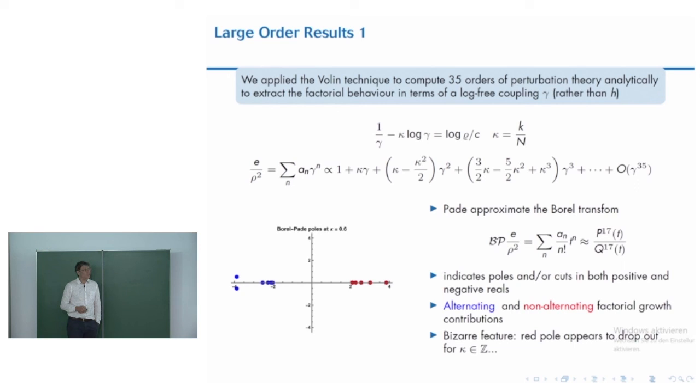But then we approximate this, and this is just black magic, I have no idea why this works, by the ratio of two polynomials. If you expand this out, you ensure that the first few terms match, but then this implies the full branch structure.